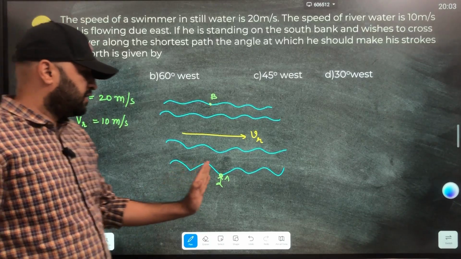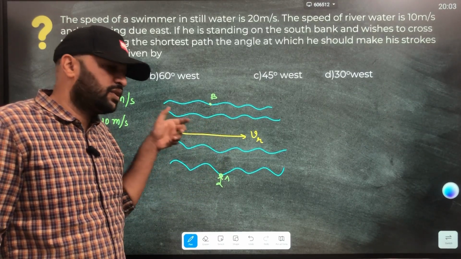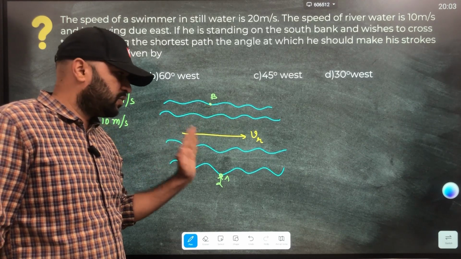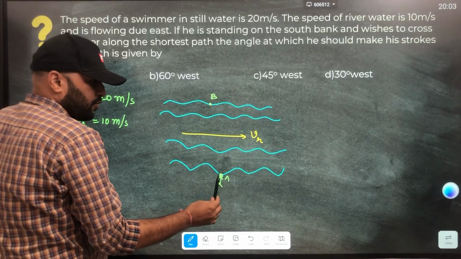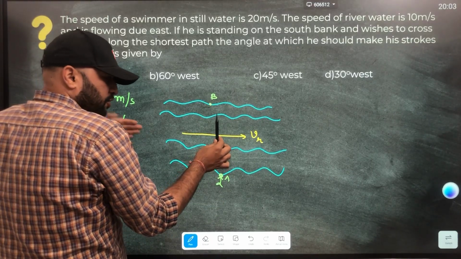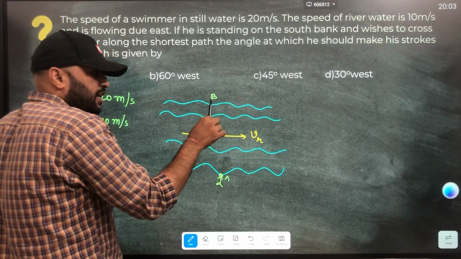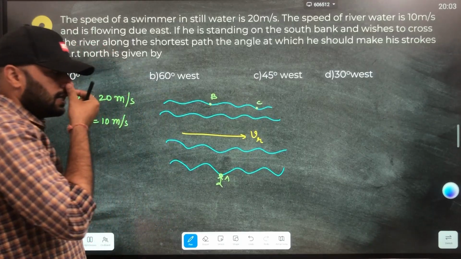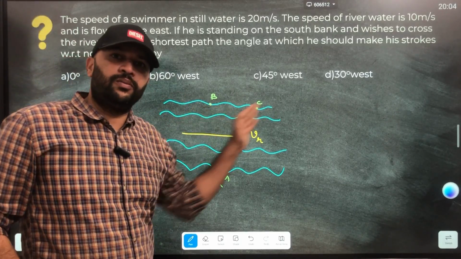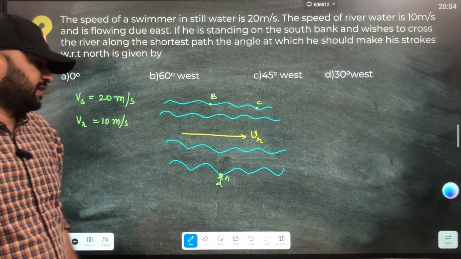Now if he starts traveling straight, what will be the natural tendency of this river flow? It will try to throw this person on the right hand side, right? If I am moving straight, the throw of this river will throw me in this direction. So instead of reaching point B, I will reach somewhere at point C. This is obvious, correct? Because the water flow will also throw me in this particular direction.